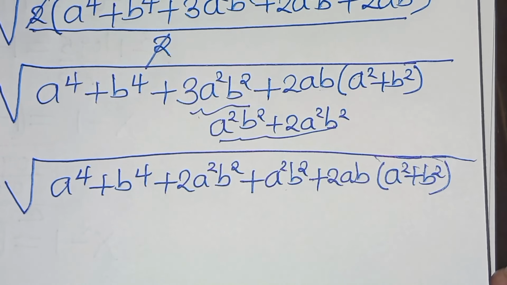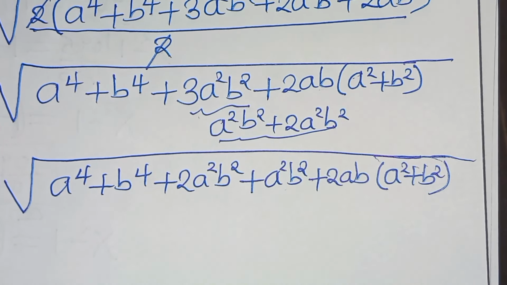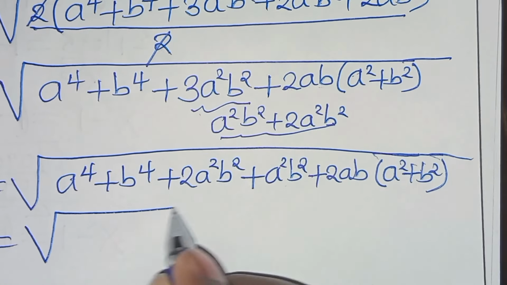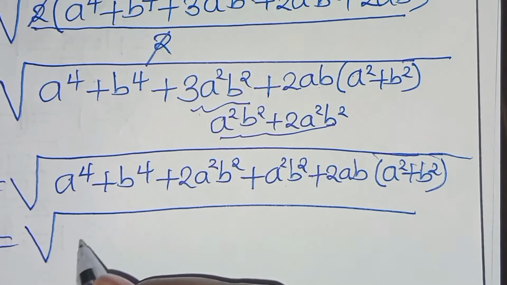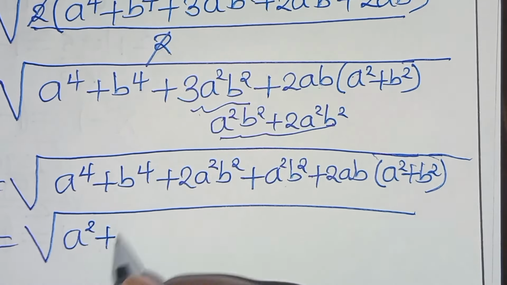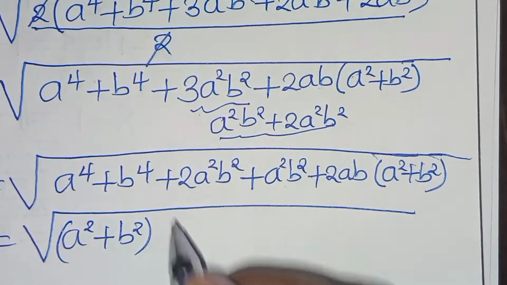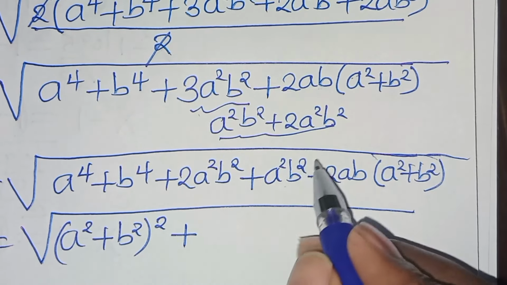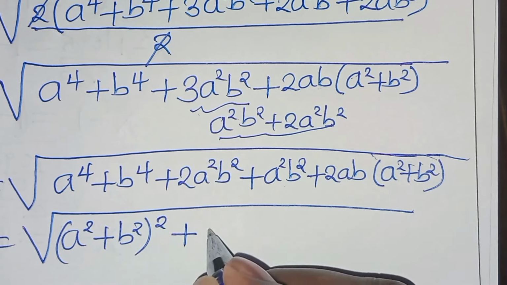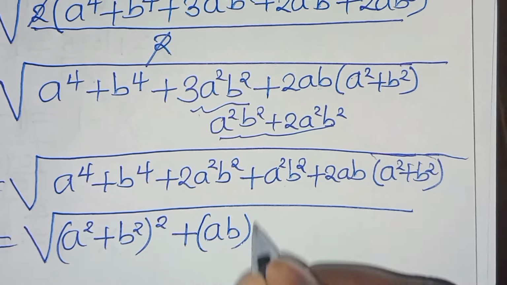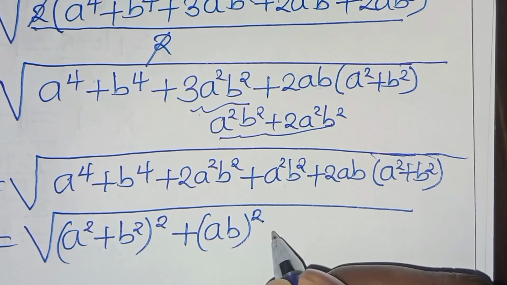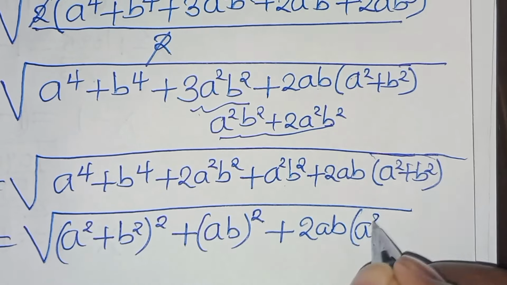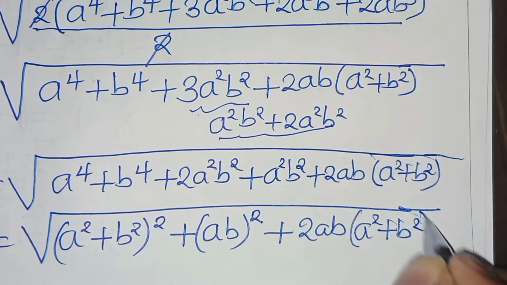Now, the next step, we can express A to the power 4 plus B to the power 4 plus 2A squared B squared as A squared plus B squared, everything raised to power 2, then plus A squared B squared, which we can express as AB raised to power 2, then plus 2AB times A squared plus B squared, close the bracket.